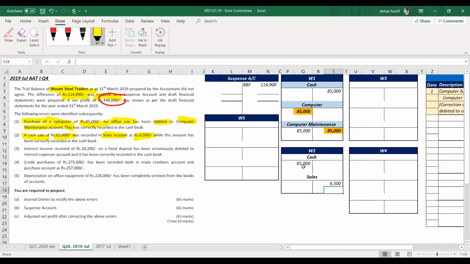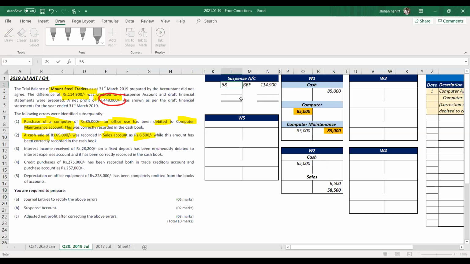So how do you correct this? We need to increase the sales account by 58,500.